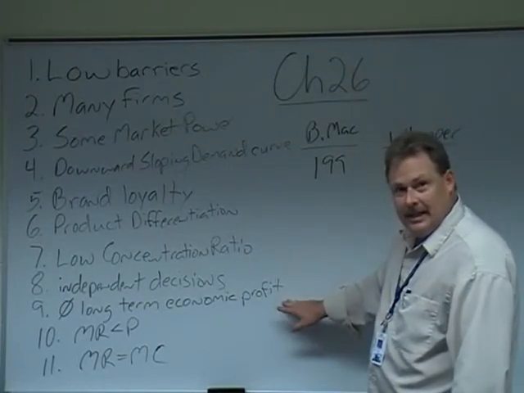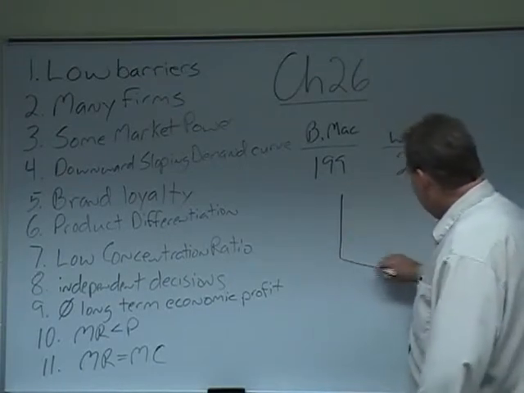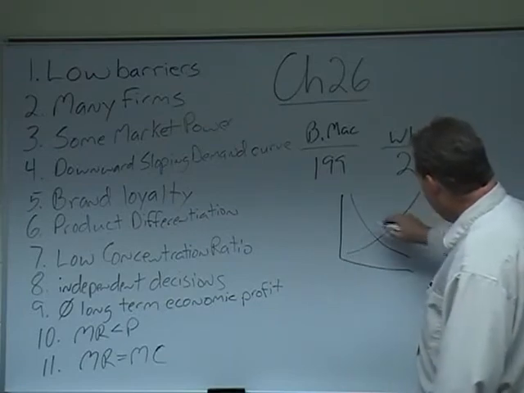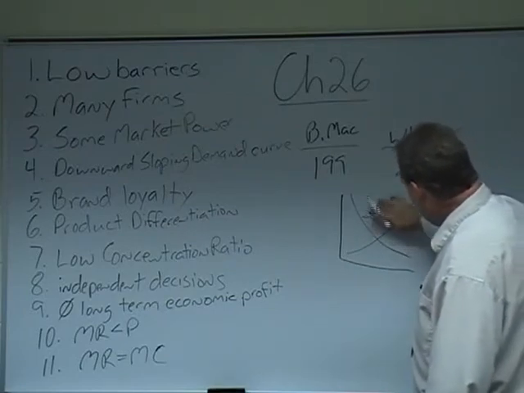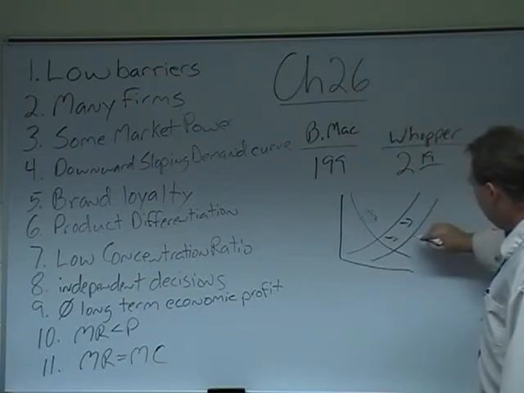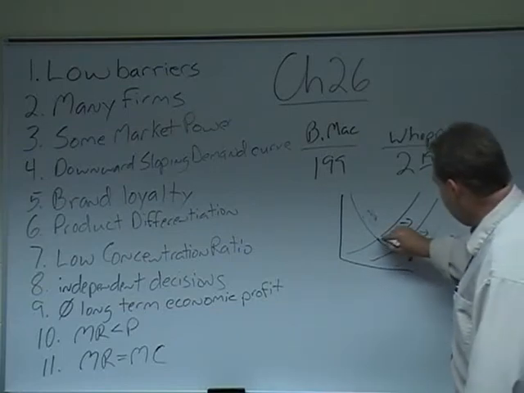Zero long-term economic profit. Just like in pure competition, what we saw happen when there was profit to be made, we kept seeing new entrants come into the market. The same thing will happen here. And that supply curve will keep shifting out, which shifts price down.